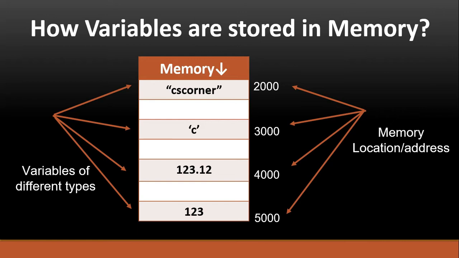Similarly, the character has memory location 3000. 123.12 has memory location 4000, and lastly 123 has memory location 5000. This is just an example. The memory location can be any address of your RAM.